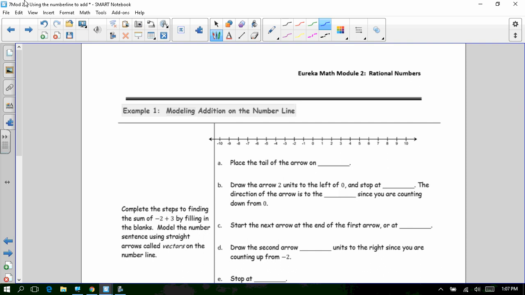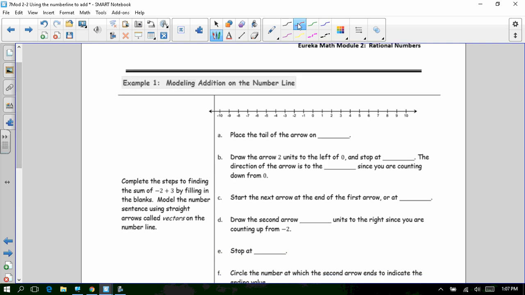It says we're going to complete the following steps if we were adding -2 plus 3. I'm actually going to write that up here, -2 plus 3. So where do I start? I place the tail, the start of my arrow, on 0.